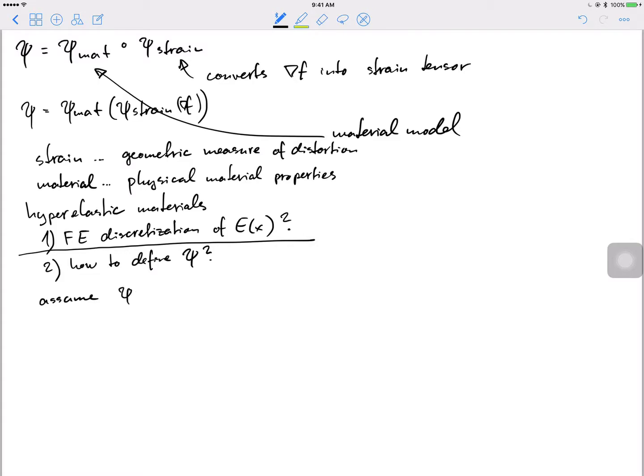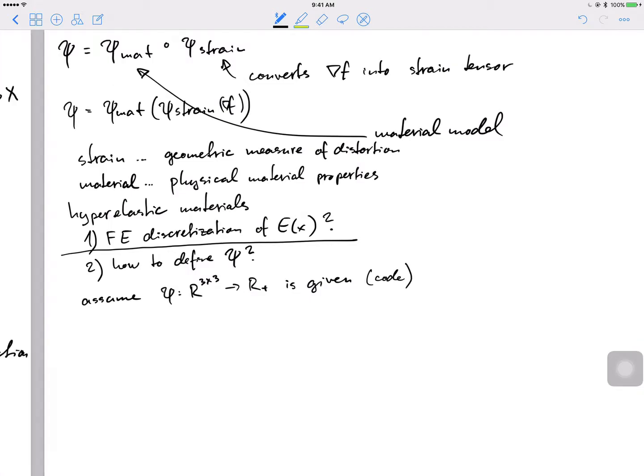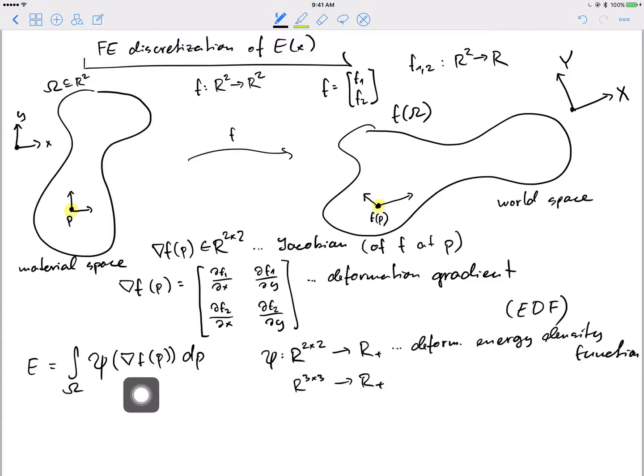Okay, so assume that some psi from, let's do it in 3D now, because that's where you will usually be using it. Let's assume this function is given. Okay, that you have a piece of code which says psi and takes a matrix and spits out a number for any matrix, okay? You have a code for this. And the question is how we are gonna apply finite element discretization to this thing. Okay, that's what I would like to do today.